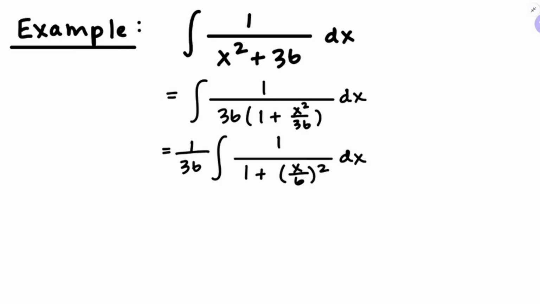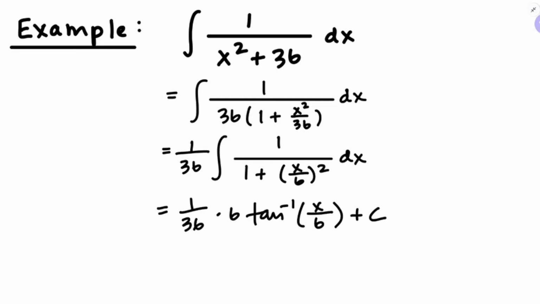Now this time, I don't think you need me to go off to the side and write a u substitution, right? It's going to be 1/36 of the arctangent of the thing in parentheses. I just have to be careful for the chain rule, right? Because the chain rule is going to bring out a 1/6. I need to prepare for that by multiplying by 6. So that's where I'm going to have 1/36 of 6 arctangent of x over 6 plus c.